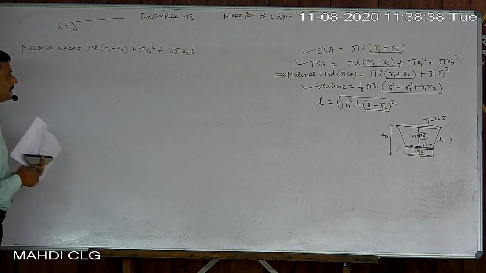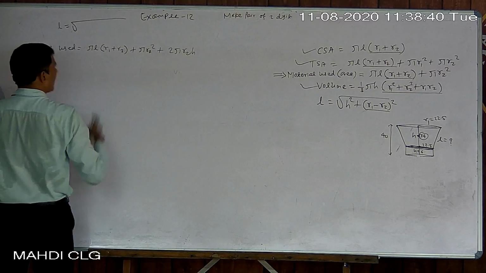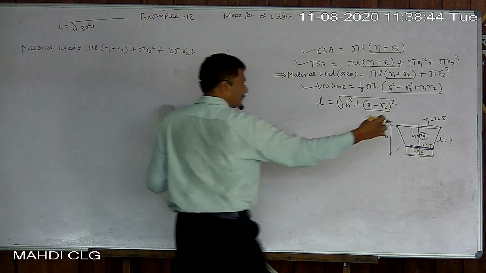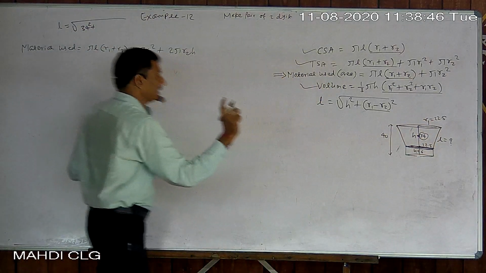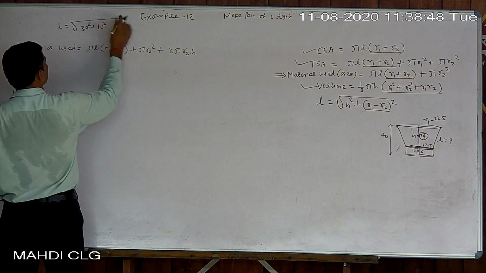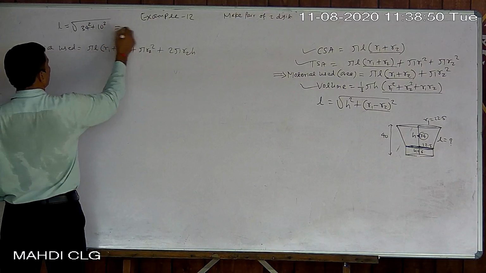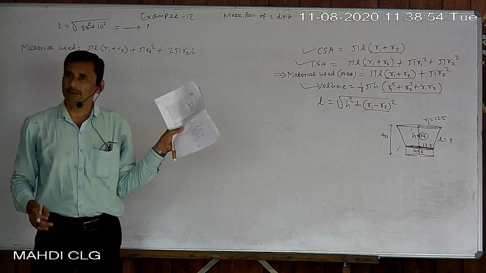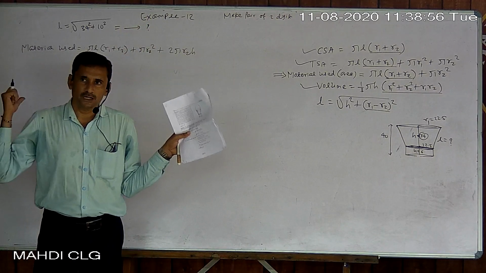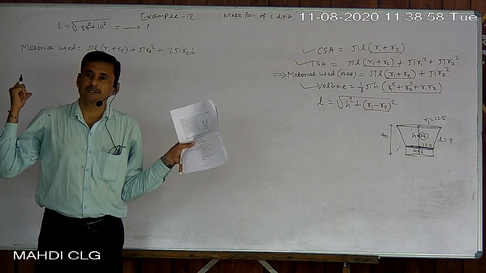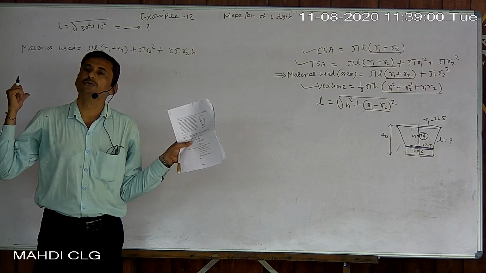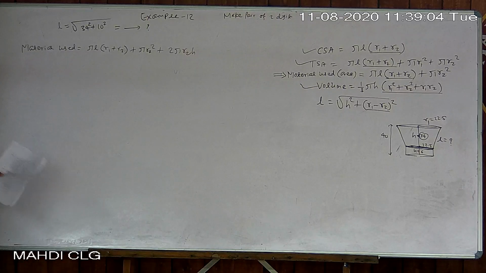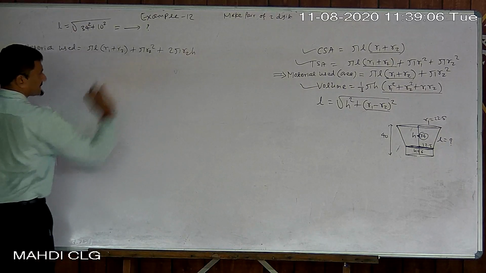Try to find it that way only, because H is 34, squared. Now the difference of both radii, squared. Accordingly, go ahead and find the answer. They have given us 35.44, so try by that method and see whether you get that answer. That will be your first answer.